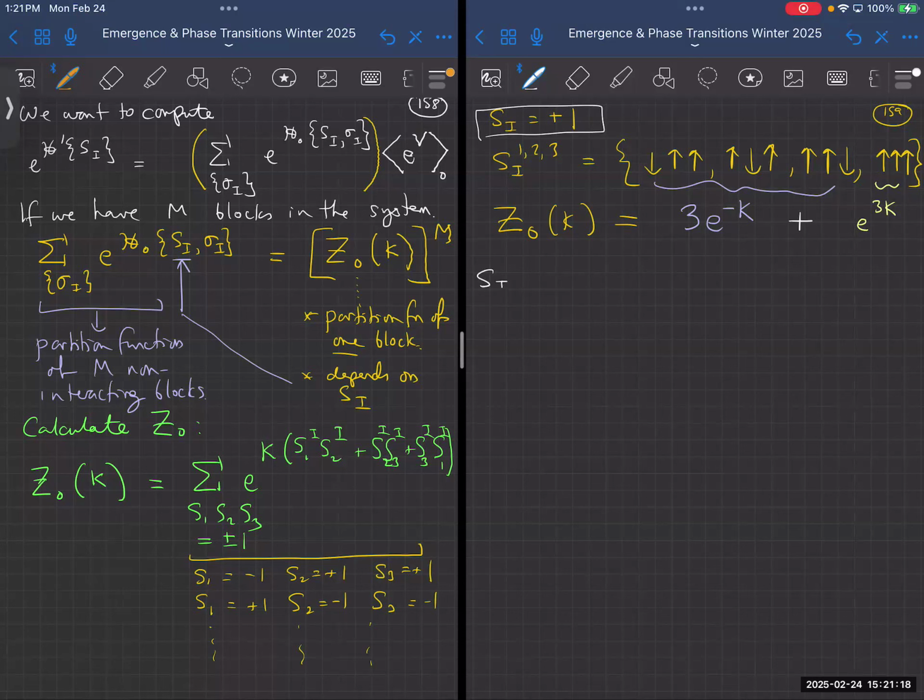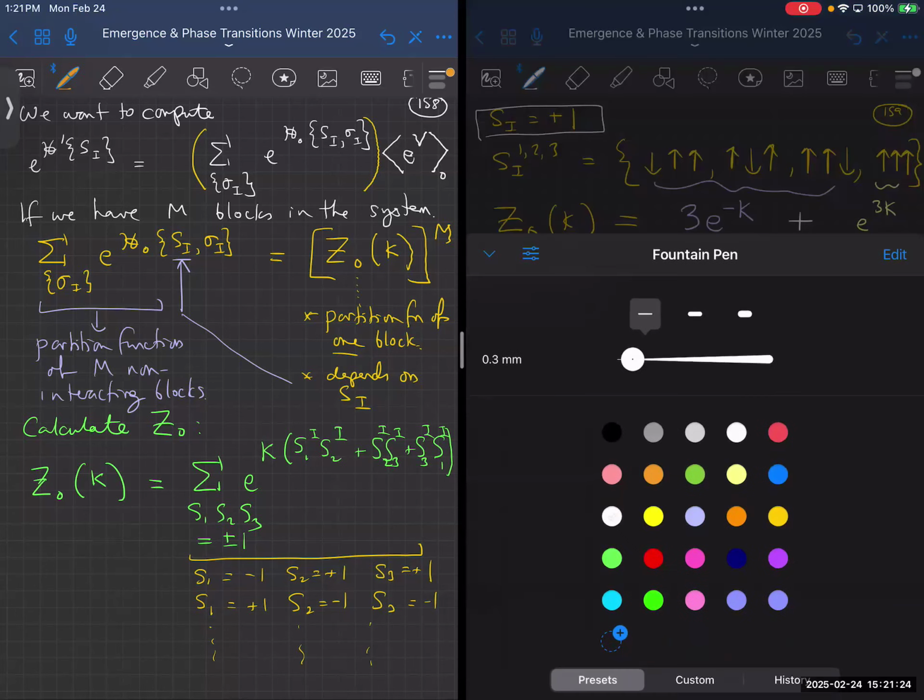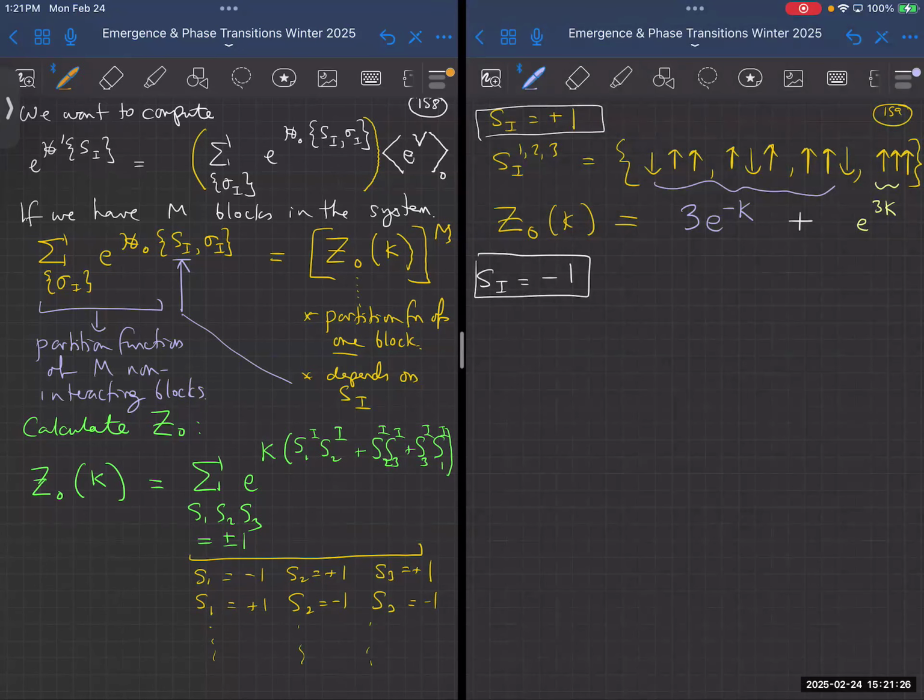So if we did Si is minus 1, so let's now do that. So I'm going to leave you to check this. What you get is you can enumerate what this vector looks like.